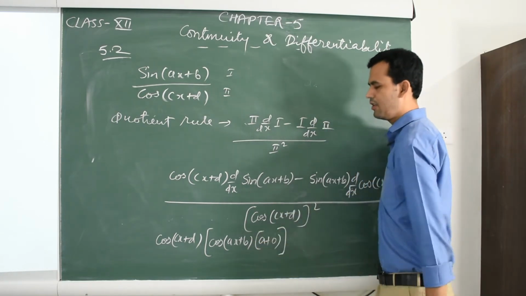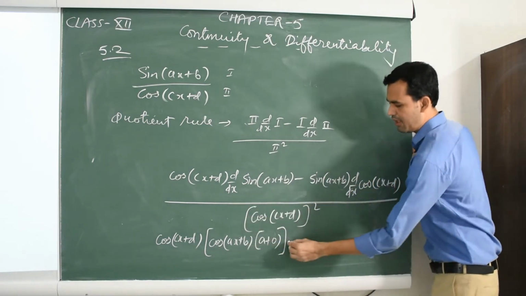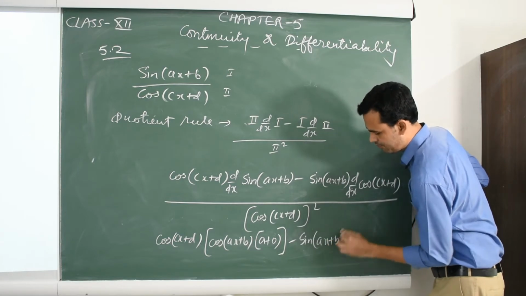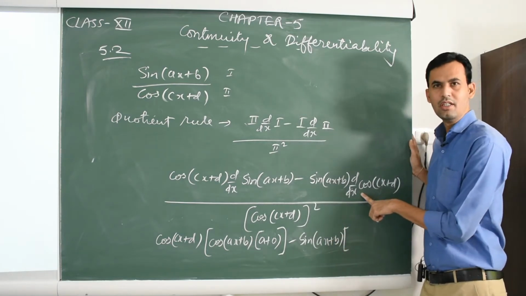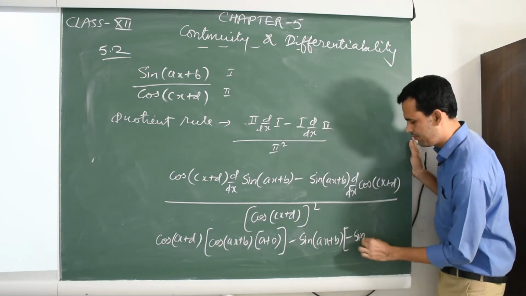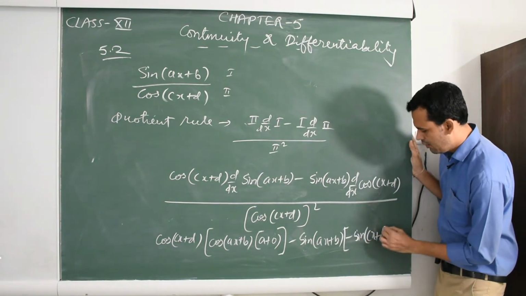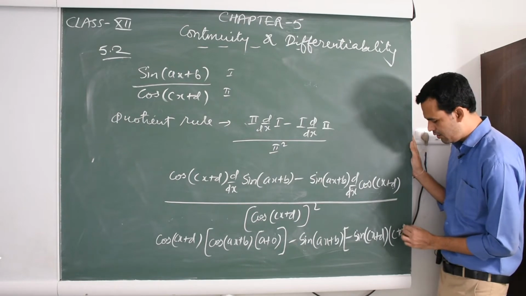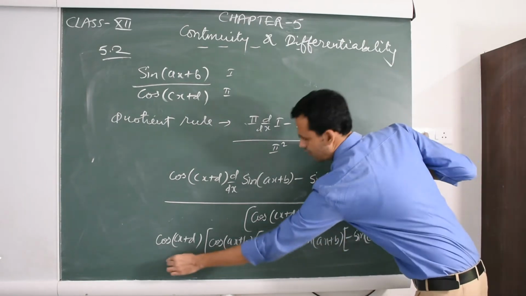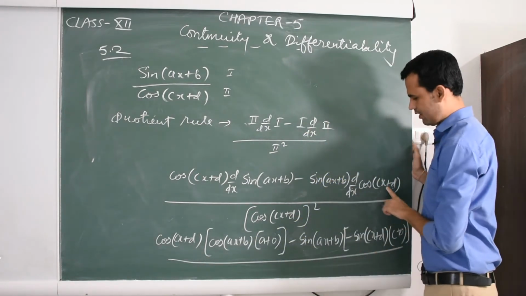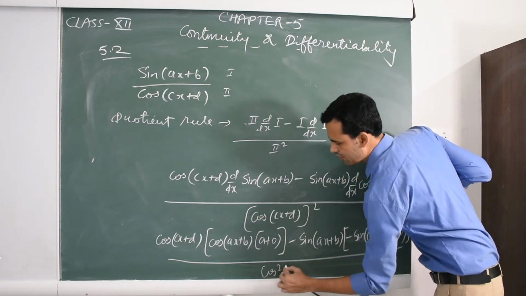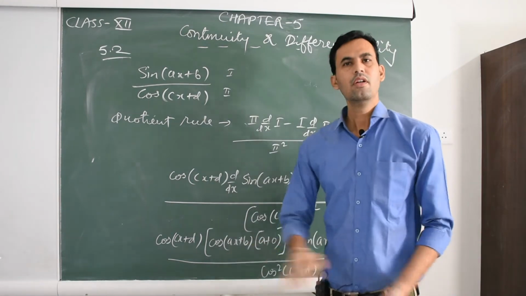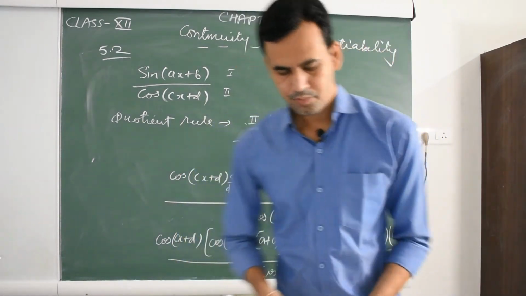So this is the differentiation of sin(ax+b), minus sin(ax+b) as it is, and differentiation of cos is minus sin(cx+d), and differentiation of cx is c, differentiation of d is 0. So this is the differentiation of cos(cx+d), and this is cos²(cx+d). So this is the answer of question number 5.